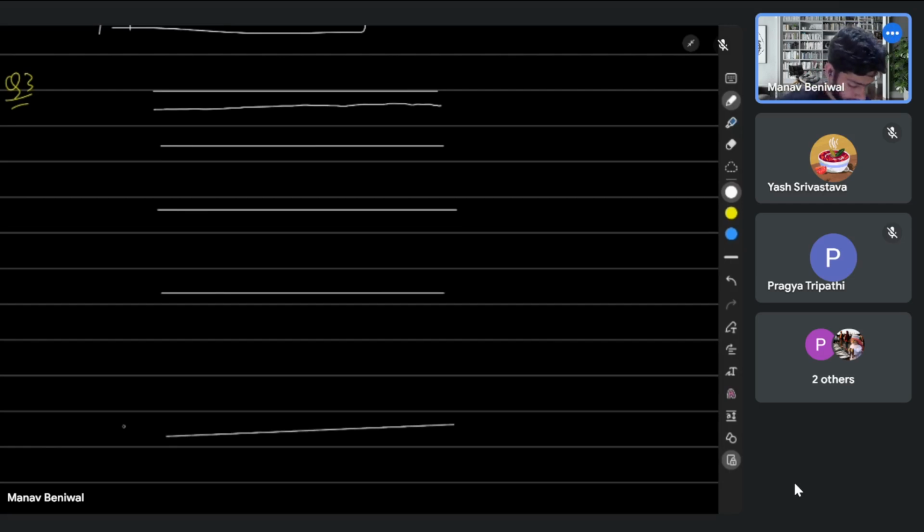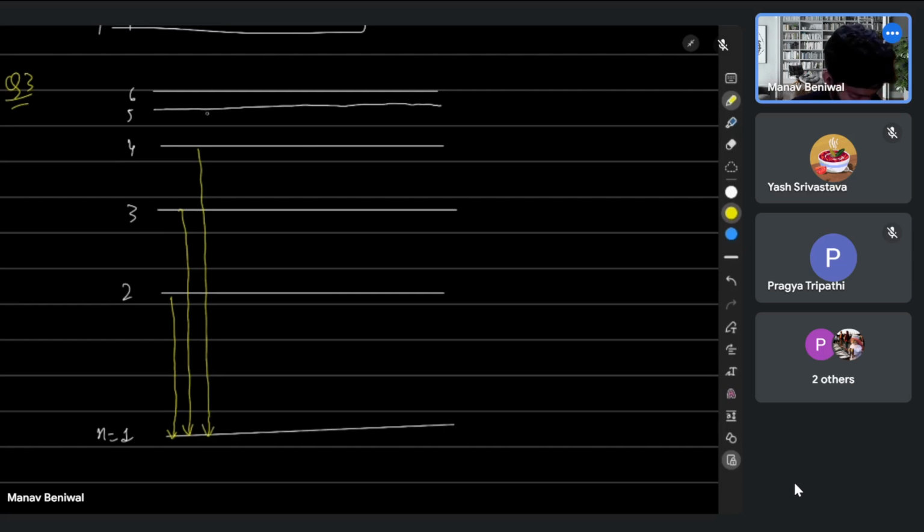Okay, so these are n equals 1, 2, 3, 4, 5, 6. Okay, so if the transition is happening like this, what series is this?